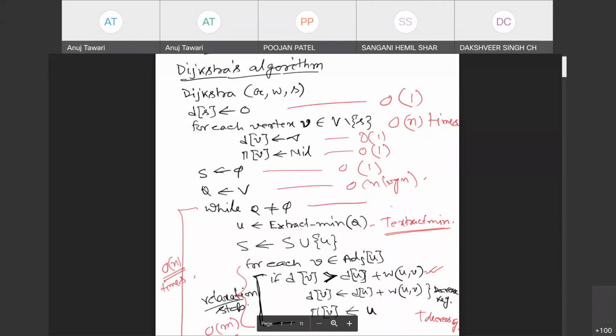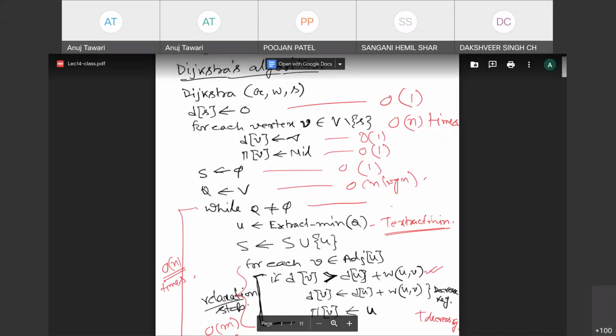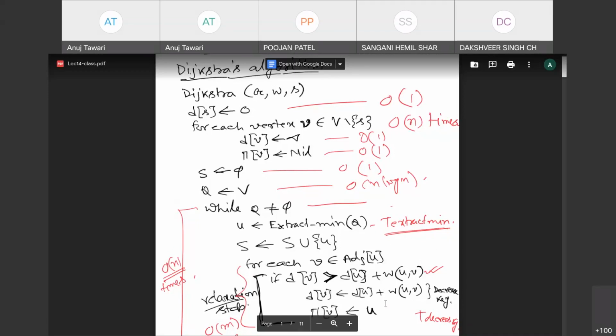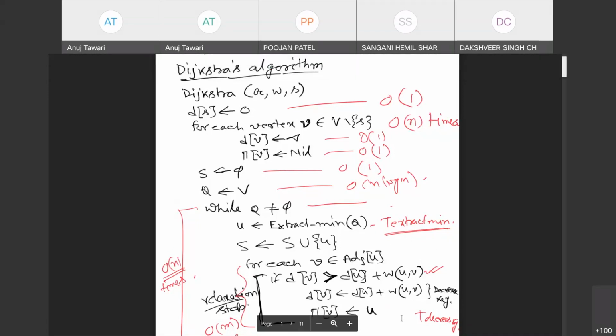We'll analyze the running time later, but first we want to analyze the correctness of this algorithm. Why does this procedure work? That is the more difficult part in greedy algorithms. Strategy, everybody can think by themselves, but how to prove that your chosen strategy is correct?